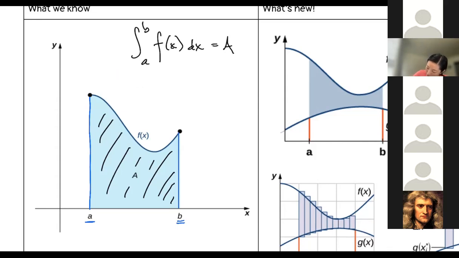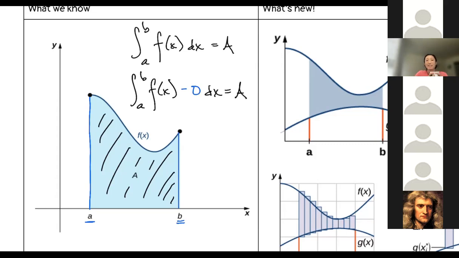And so here's the secret, that this expression that we have had actually been the integral from A to B of f of x minus 0 dx equals A. So that's the big secret, okay?